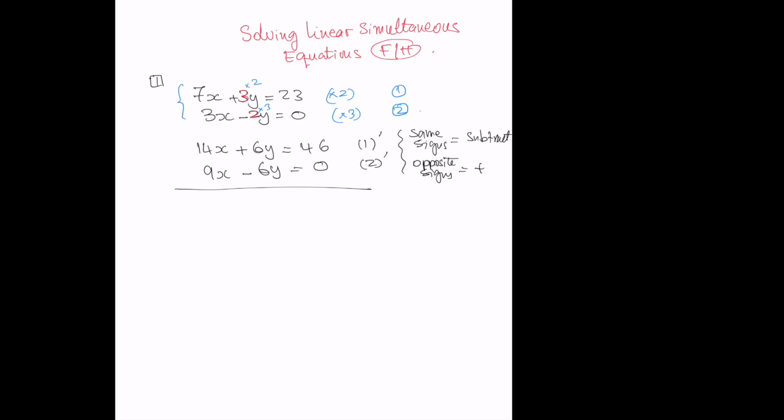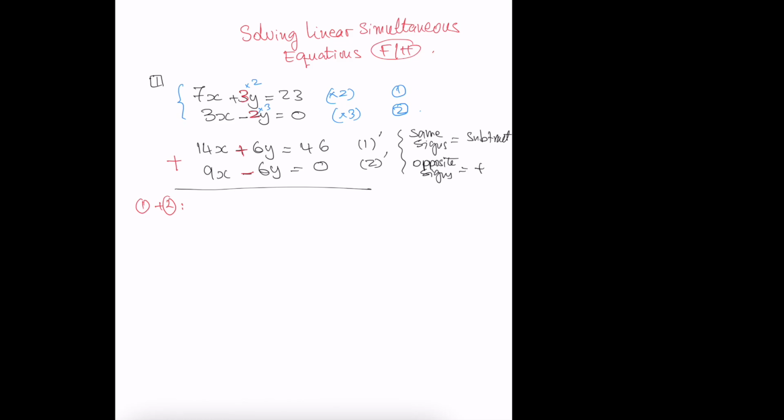So here, as you can see, we have opposite signs. So this one plus, this one minus. So these are called opposite signs. So we just have to do plus. So add equation 1 plus equation 2. Yeah, so you do plus, add.